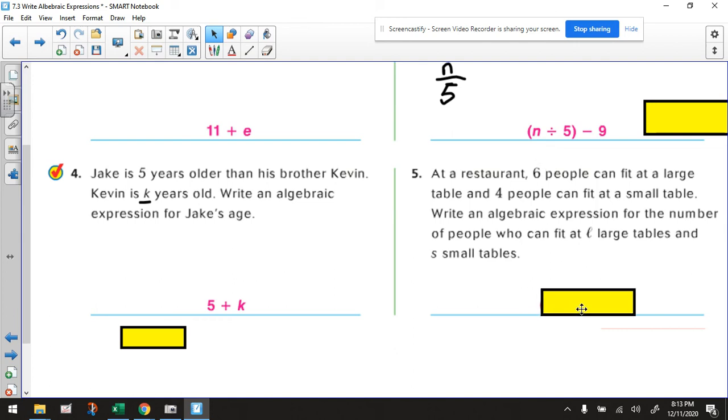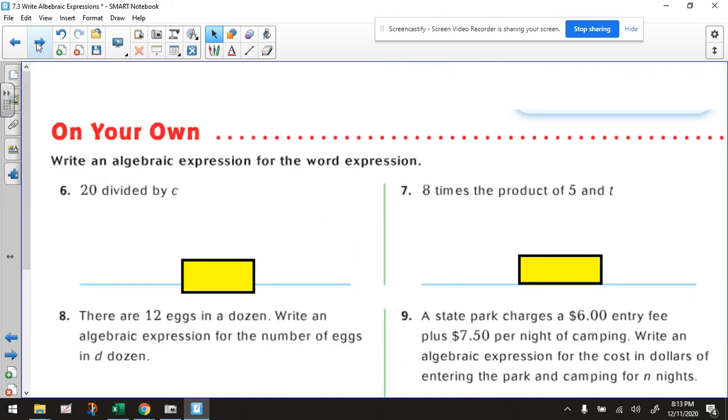And we need to take the 6 and multiply it by the L to get the large table count. And then we're going to need to take the 4 and multiply it by the S to get the small table count. But then you have to know, what are we doing with those two things, which are really terms. And as it turns out, we would be adding those two things together. So the expression would be 6L plus 4S.